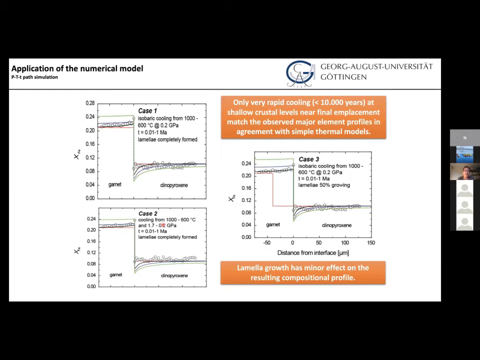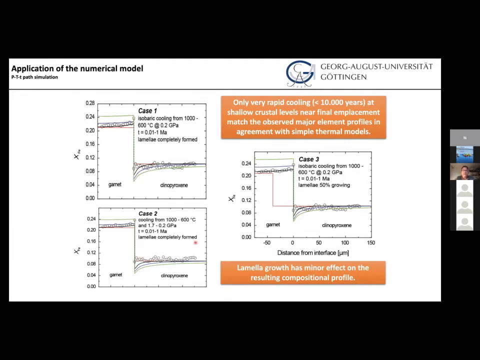In other words, if we would have exhumation contemporaneous to the cooling, then we should definitely see something in our clinopyroxene, because the partitioning should be much stronger. So this is an indication that this stuff has been quite hot, quite shallow, and cooled quite rapidly.